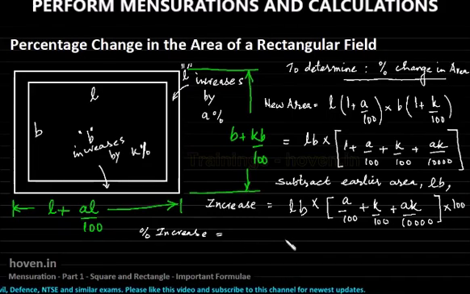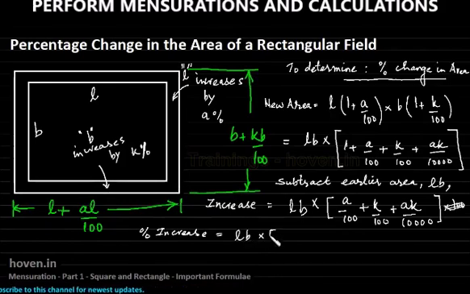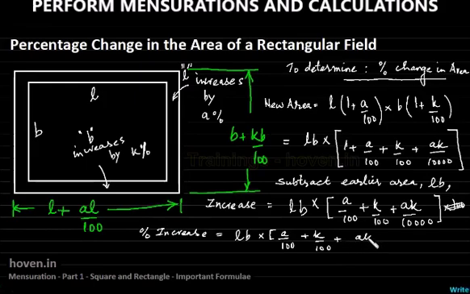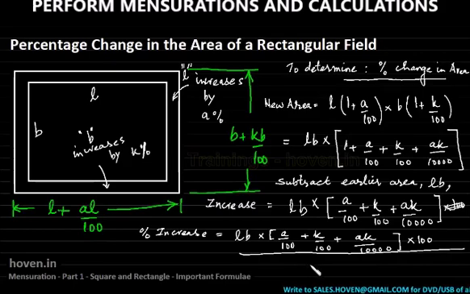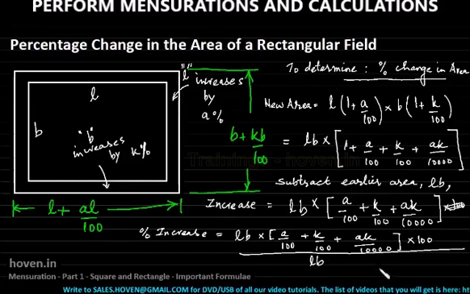So my percent increase will be, if it is confusing, I'll just remove it and write the whole thing here. Original area was LB, new area is LB into this by LB. This will be the percentage increase.